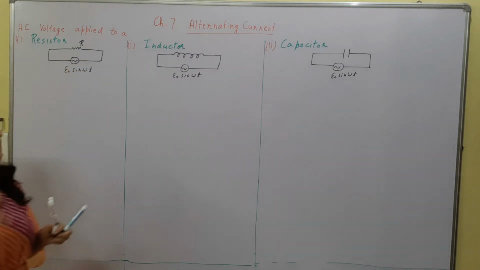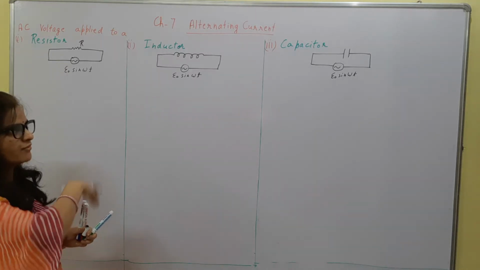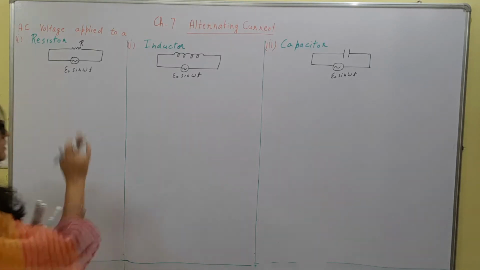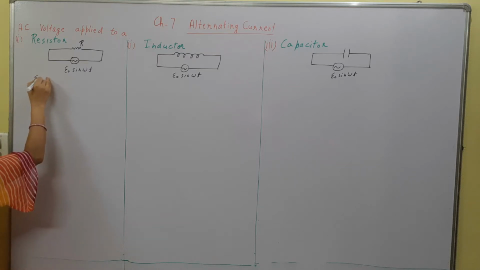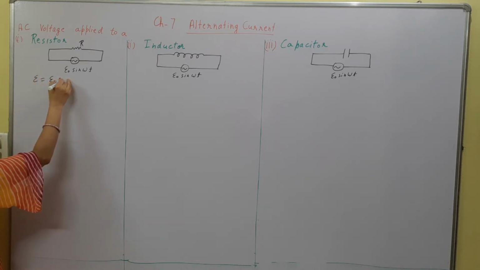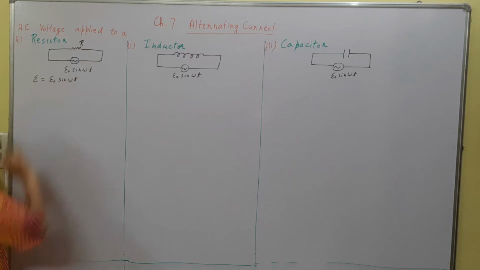In all the cases AC is the input and the time varying EMF is shown by E naught sin omega t. So let's write down first that this is the input AC.